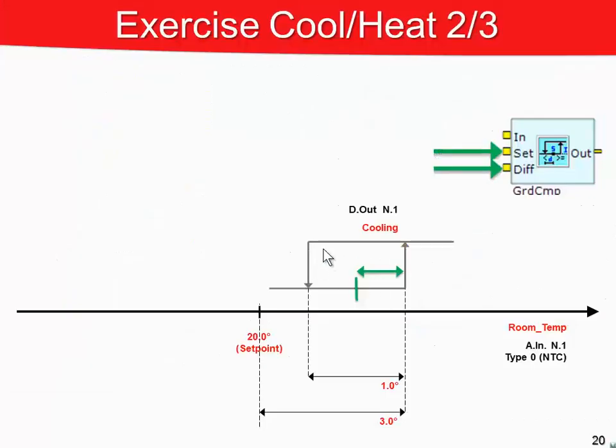It's a little bit more complicated to calculate the central value. That is the set point plus the offset, that is 3 degrees, minus the half of the differential, the one that we have already calculated.